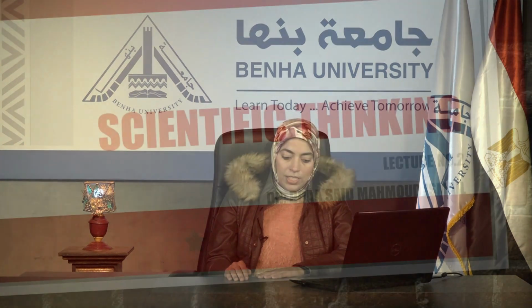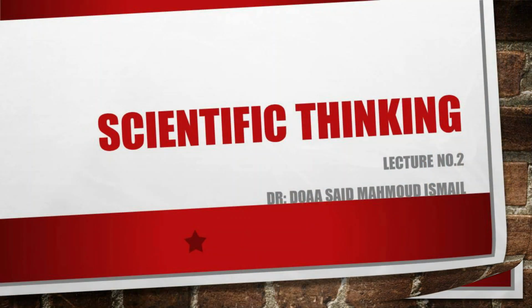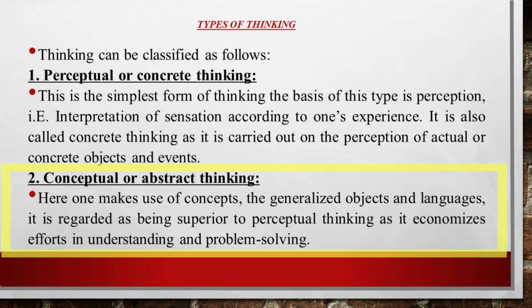After we recognize the first type of thinking, which is perceptual and concrete thinking, we will go to the second type of thinking. The second type of thinking is conceptual or abstract thinking.